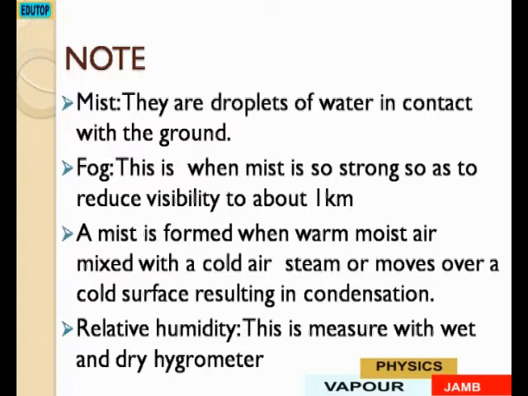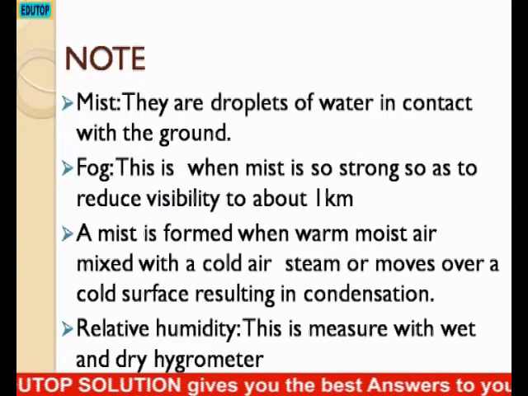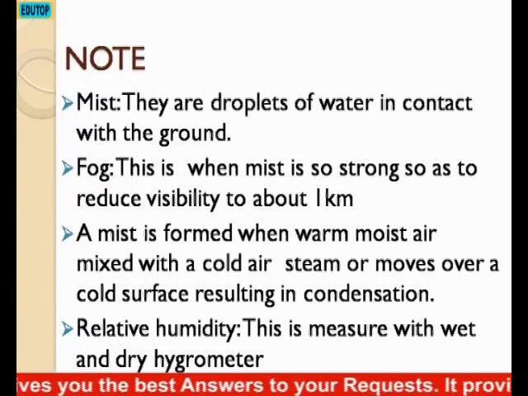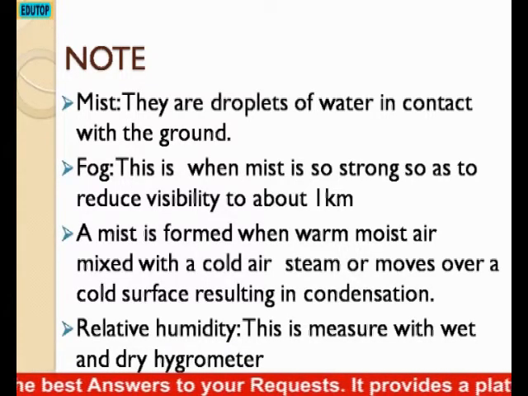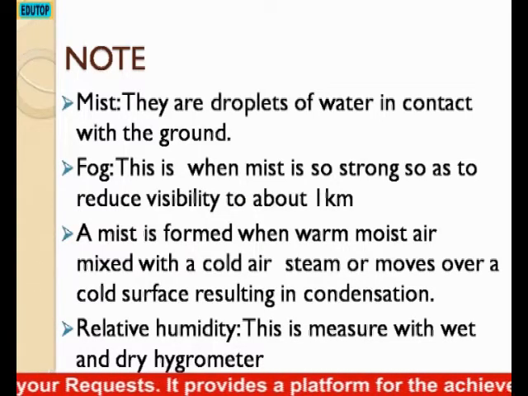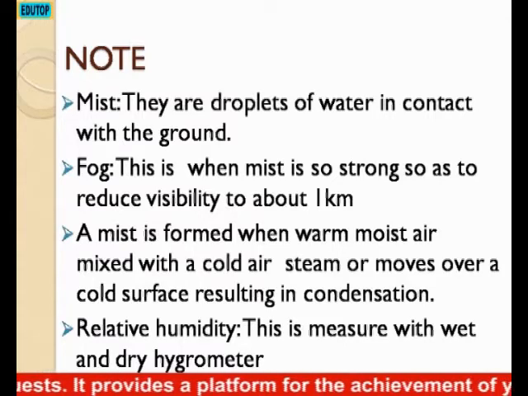The following definitions are very important under this topic. A mist is formed when warm, moist air mixes with a cold air stream or moves over a cold surface, resulting in condensation. That is how mist is formed.